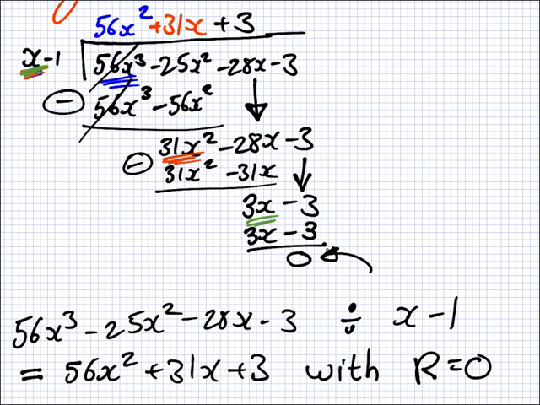Does anybody know what the answer on the top is called? The 56x squared plus 31x plus 3. It is a polynomial, it's a quadratic, but in the long division, what's it called? Quotient, yeah, the Q, quotient.